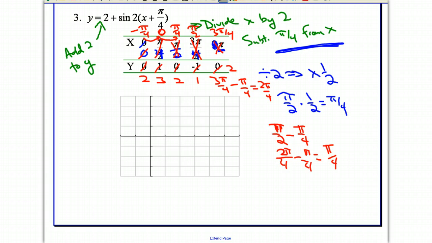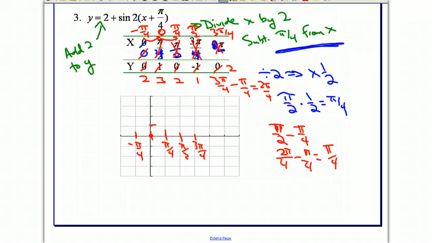Plot my points. And again, this is non-negotiable. That's the origin. So negative pi fourths is here. Here's 0. Here's pi fourths. Here's pi halves. And here's 3 pi fourths. And actually, I kind of regret that choice, I could have doubled this out, but we'll stay like that.